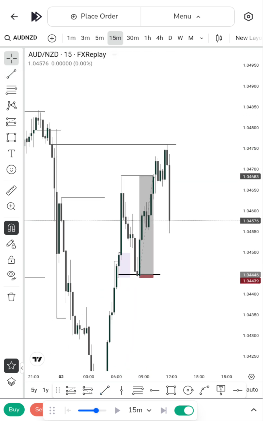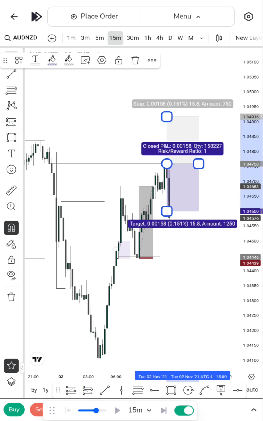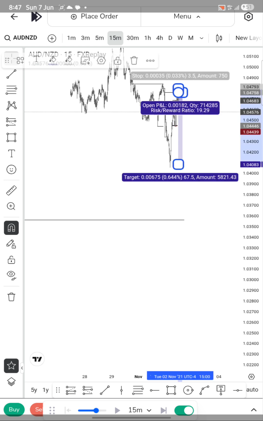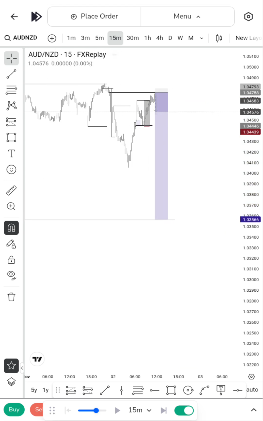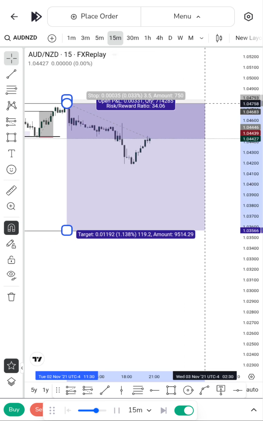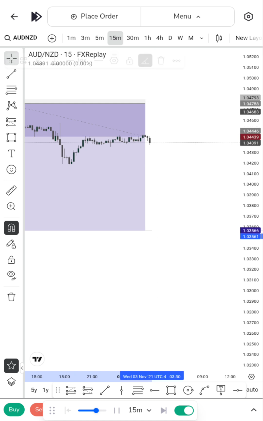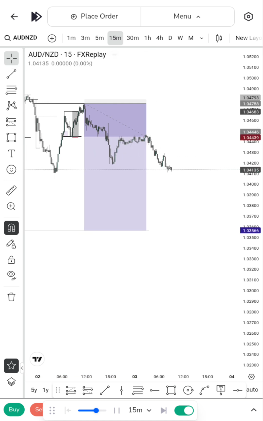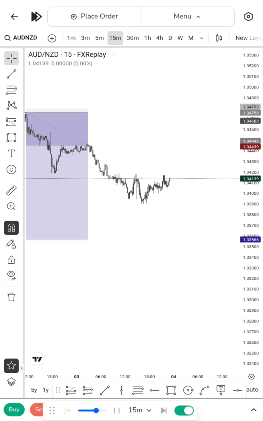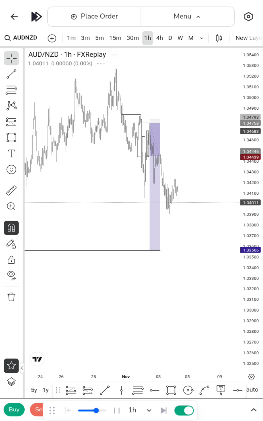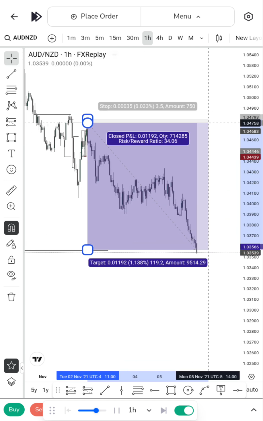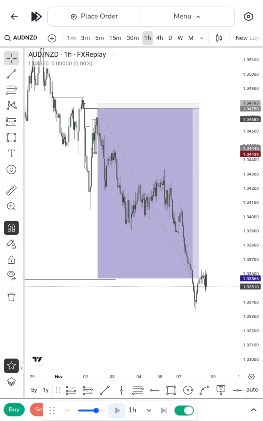So we could take a trade here and target the sell side liquidity we talked about, which is this level. Here it is, the TP, as you can see.